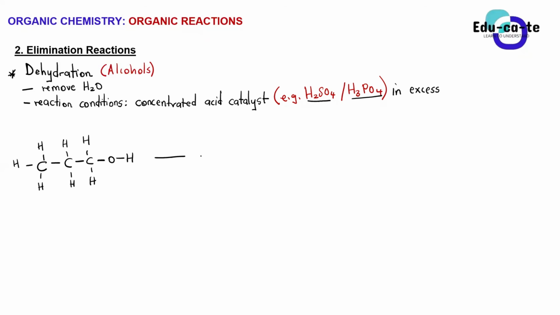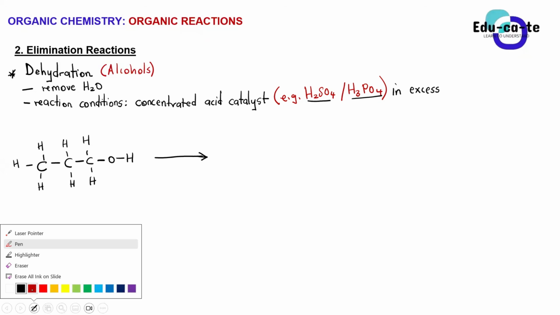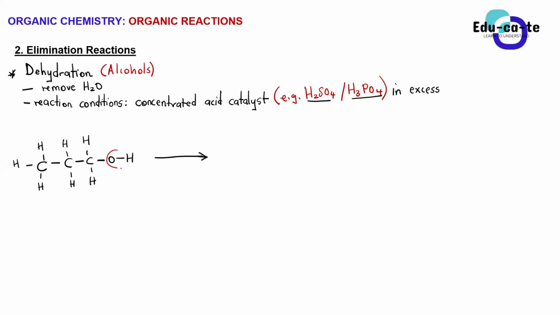So basically, I'm not going to add anything to the reactants because I'm removing water. When I'm removing water, guys, it means that I'm going to remove an OH, that's the first thing, and I'm also going to remove an H. So I remove both a hydroxyl group, the OH, as well as a hydrogen.